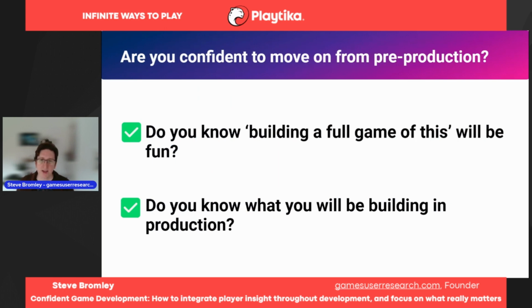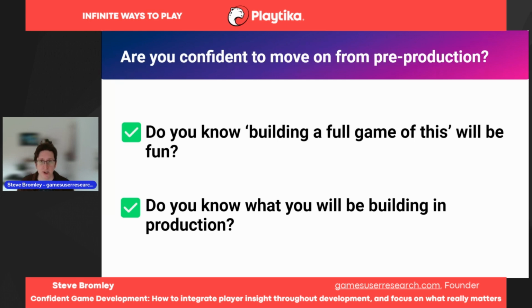You'll know you're ready to move on from pre-production when you're confident that if we built a full game's worth of this vertical slice, players will like this. We'll know that it's fun, and you can build a full experience worth of this confidently knowing that players will like it. Also, you should hopefully leave pre-production knowing what you're going to build when you reach production.